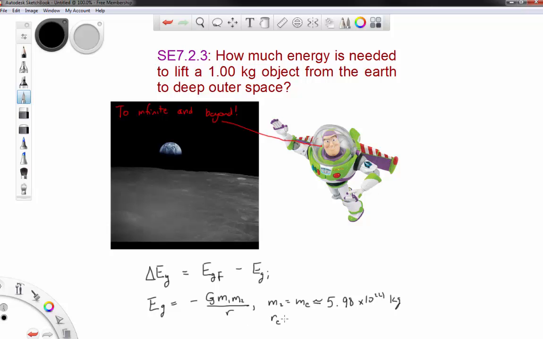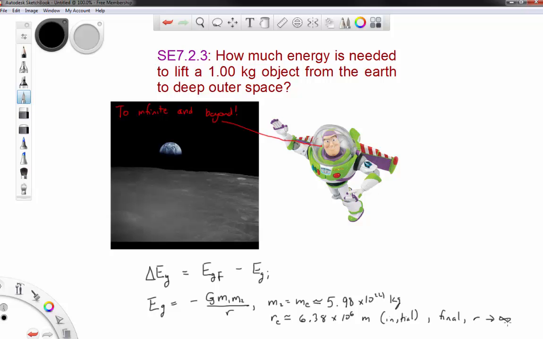Radius of the Earth, again, was given in that same table. We'll call it 6.38 times 10 to the 6th meters. So that gives us sufficient information to determine the initial condition. The final condition is radius goes to infinity.